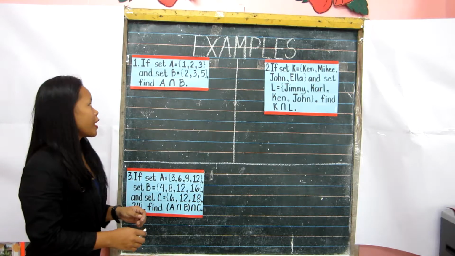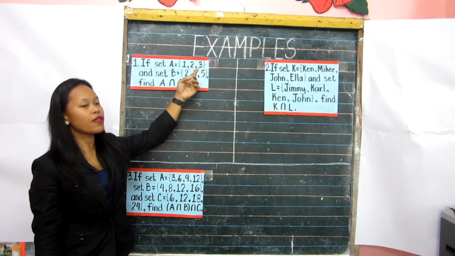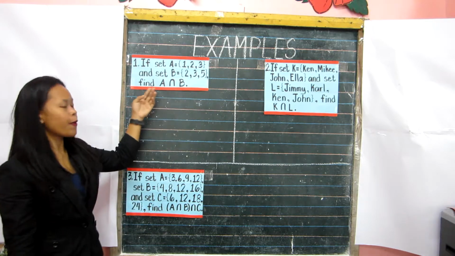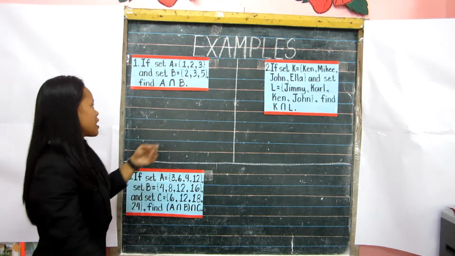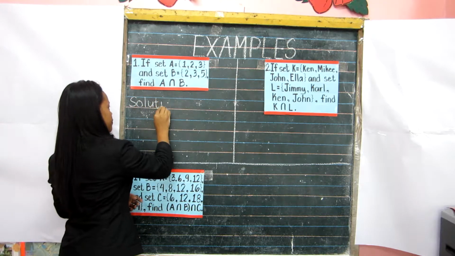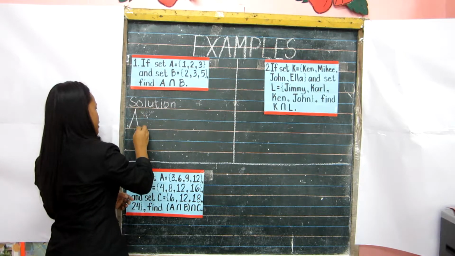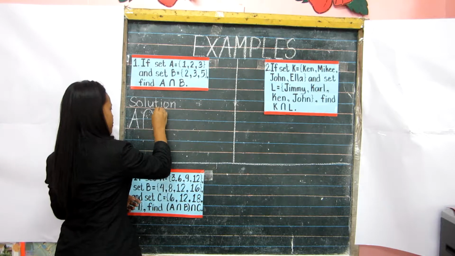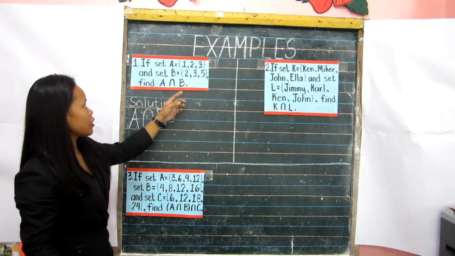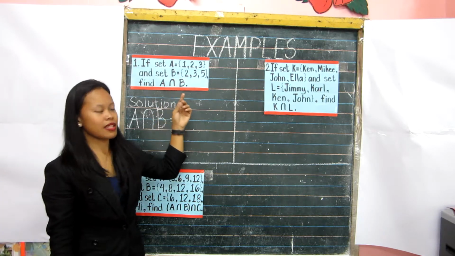For our example number 1, if set A has the elements 1, 2, and 3, and set B has the elements 2, 3, and 5, find A intersection B. For our solution, we need to find A intersection B. Let's take a look at the two sets and determine what the common elements are.